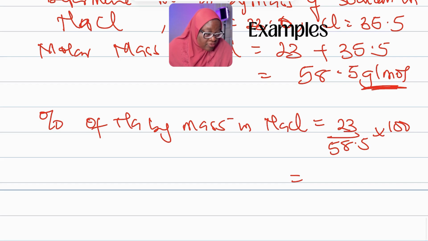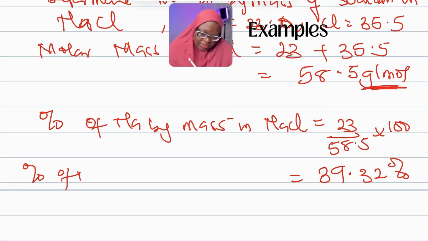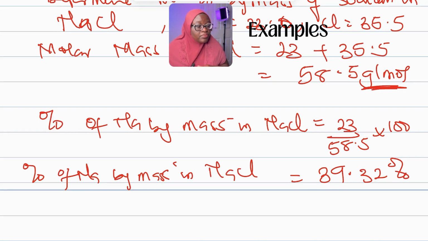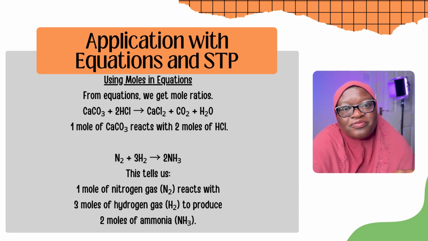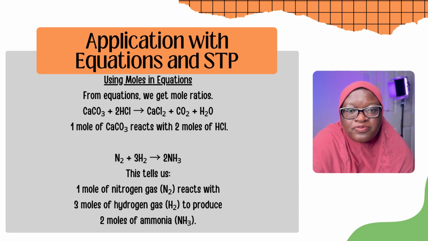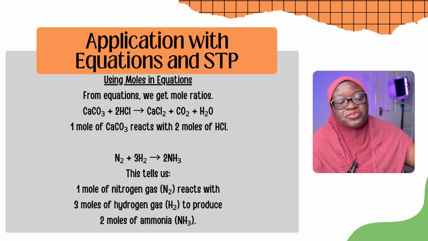And that is going to give us something like 39.32%. That is, the percentage of sodium by mass in sodium chloride is 39.32%.